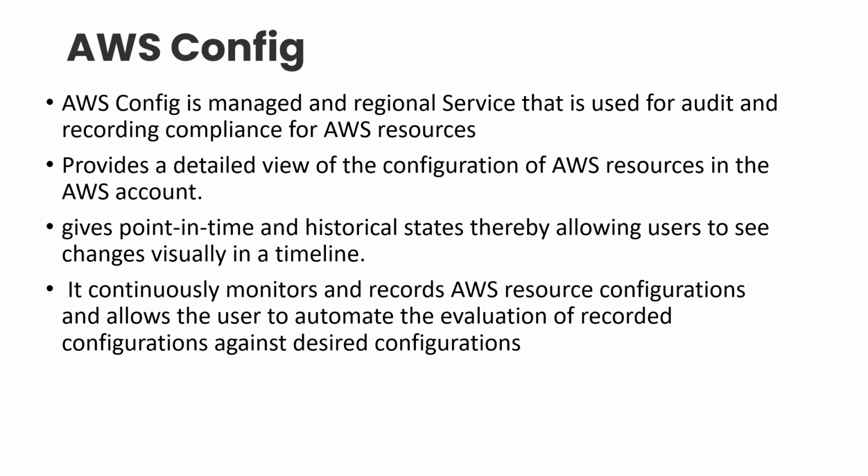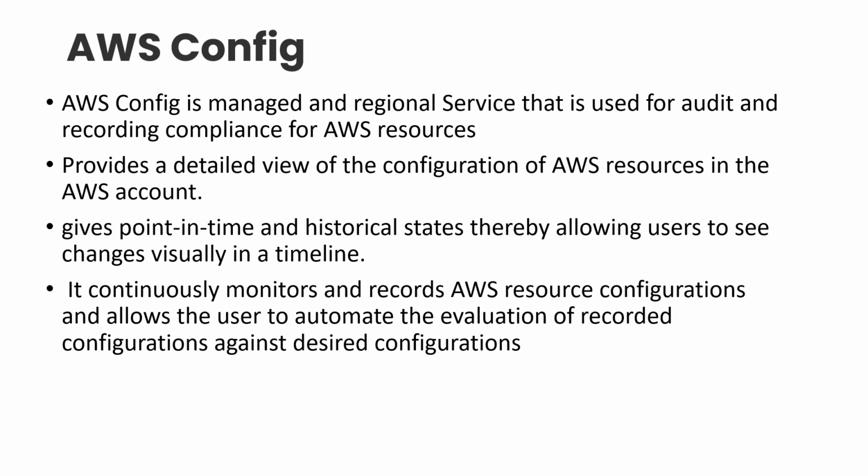So for example, you have the security group. In the security group, you have the inbound and outbound rules. Now you don't want to allow anywhere, and you want to write a rule which should not allow any inbound from anywhere. So what we will do, we will create an AWS Config rule, and we will say that a rule should not allow traffic from anywhere.